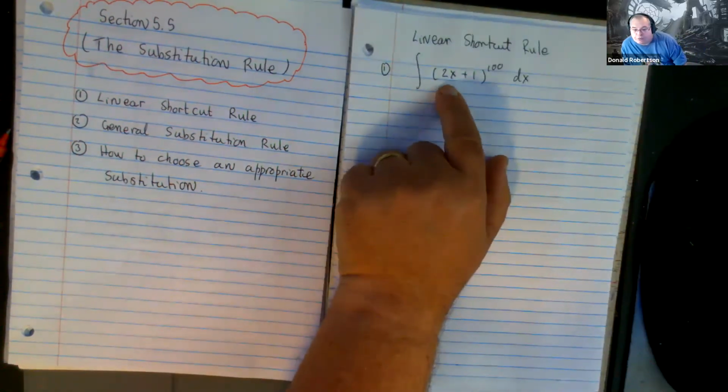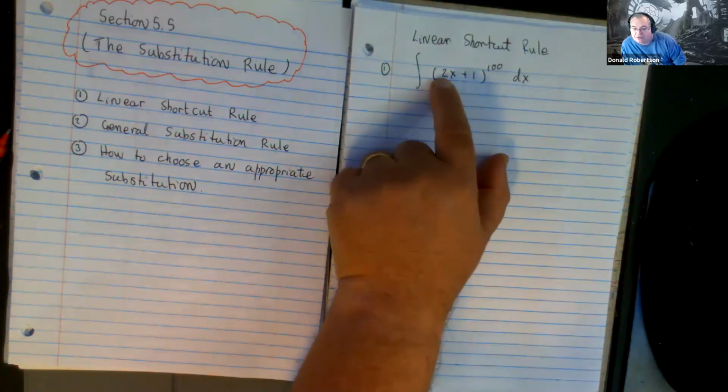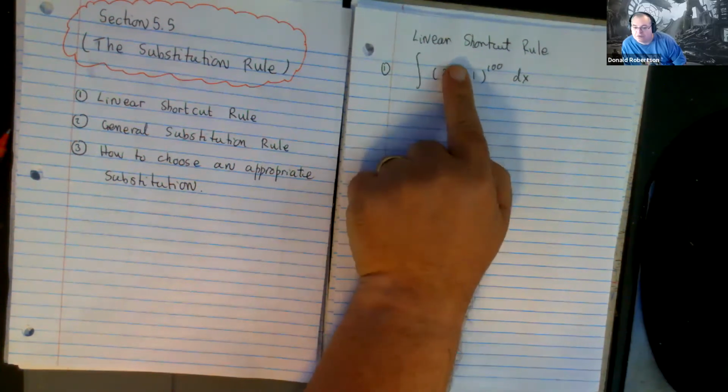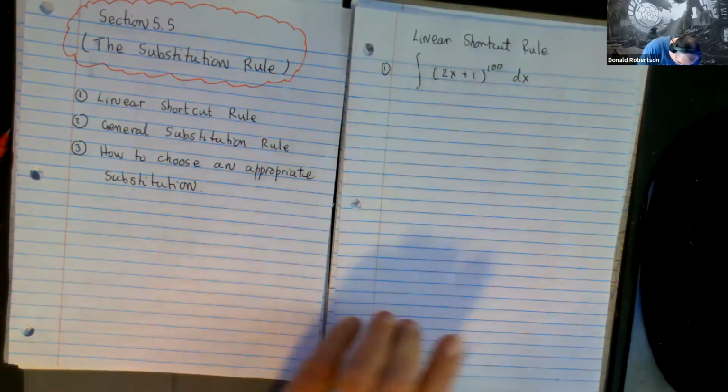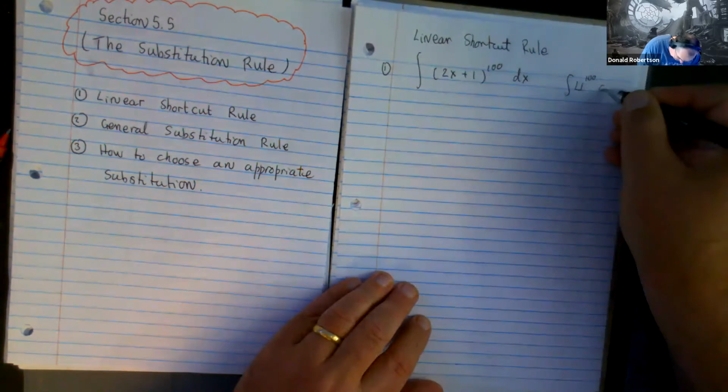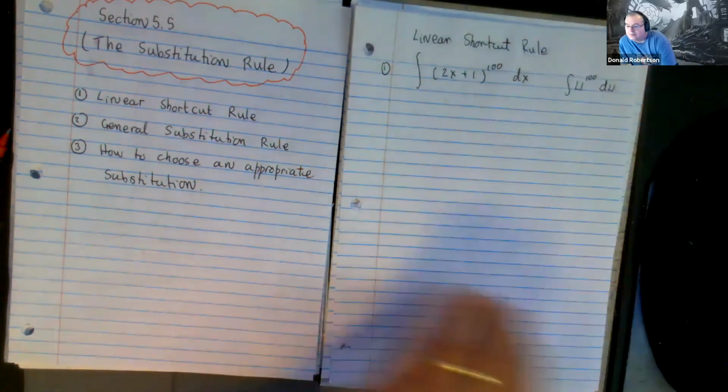What I want you to do is to imagine that this isn't 2x plus 1. I'm going to cover it up so it doesn't look like 2x plus 1. I want you to think of that as something to the power of 100, some other letter, v to the power of 100, u to the power of 100. Can you imagine that that guy was actually that integral?